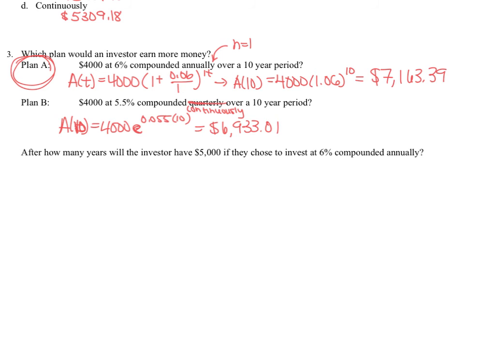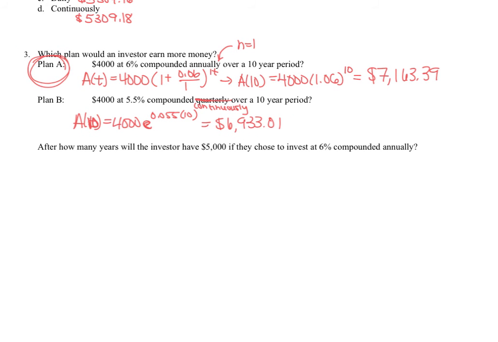Then finally it says, after how many years will the investor have $5,000 if they choose to invest at 6% compounded annually? So I'm taking this formula from up in plan A, and I want to figure out when my amount is 5,000. So I'm going to divide both sides by 4,000. And then I'll have to take the log of both sides.